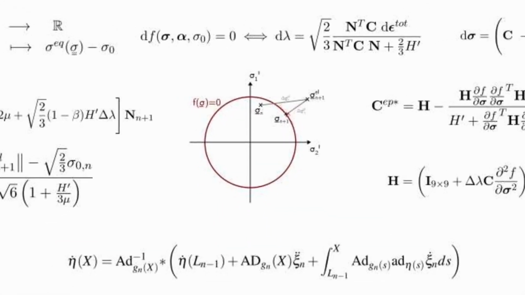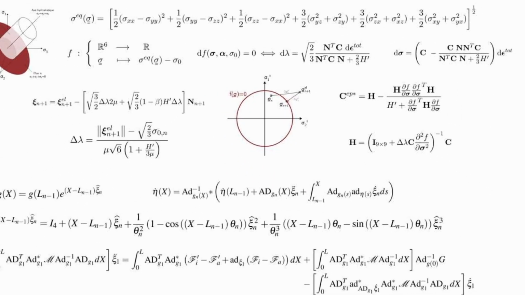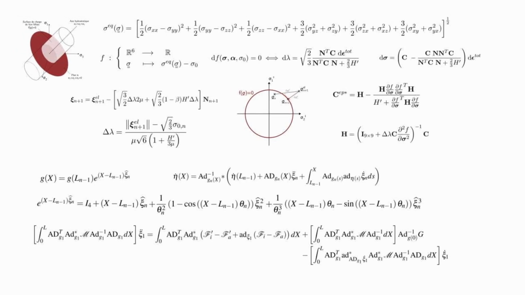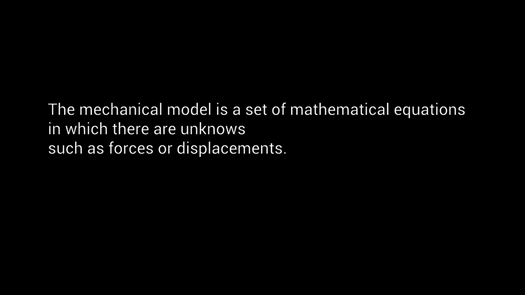So for instance, in the mechanical domain, there is a mechanical model, which is a set of mathematical equations in which there are unknowns. The unknowns are, for instance, forces or displacements. And once the equations are solved, we get forces which participate to answer the question of whether the lead will navigate towards its location or not, or how easy it would be to navigate towards its location.